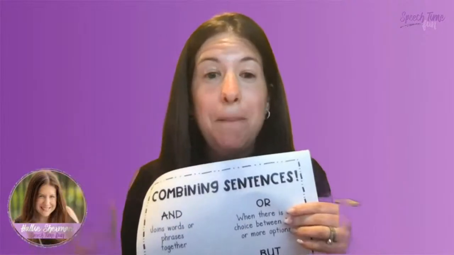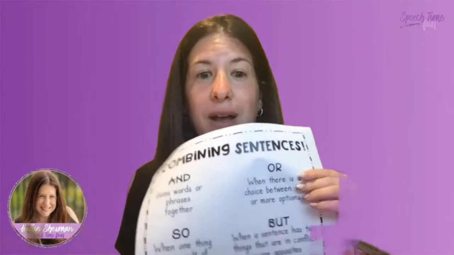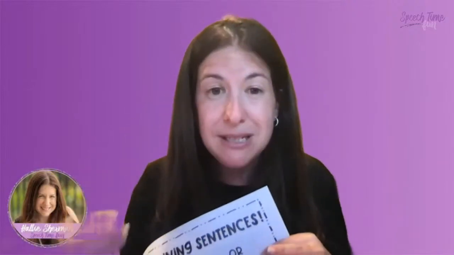When two things are combined, they're put together. And then the but is when there is an opposite. So I like apples, but I don't like oranges. And there's a clear opposite. And I talk a lot about opposites, like hot and cold, showing them explicitly what an opposite is and what would make the use of the conjunction but in the sentence.